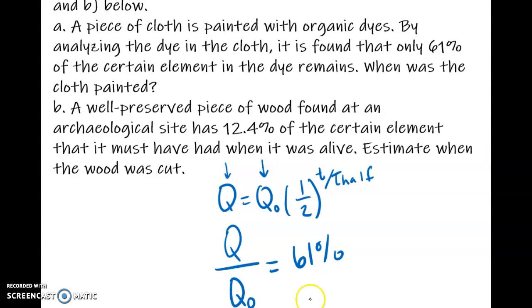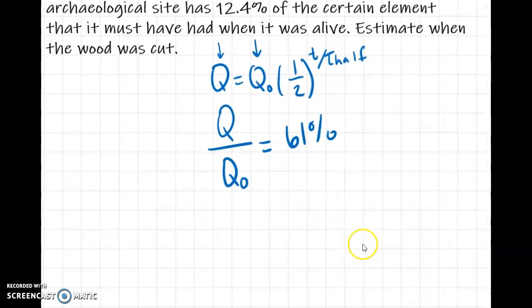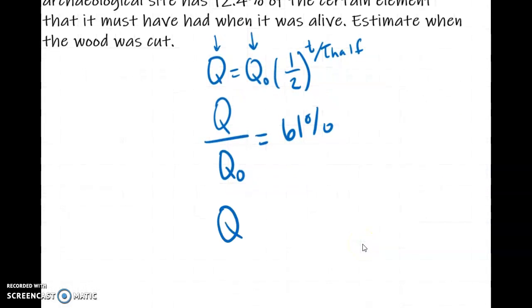Now, I can take this half-life formula and divide both sides by Q sub 0.